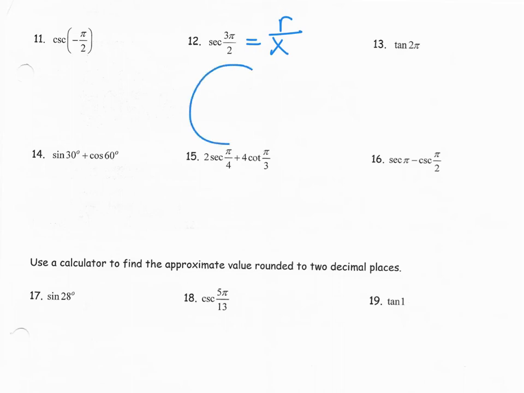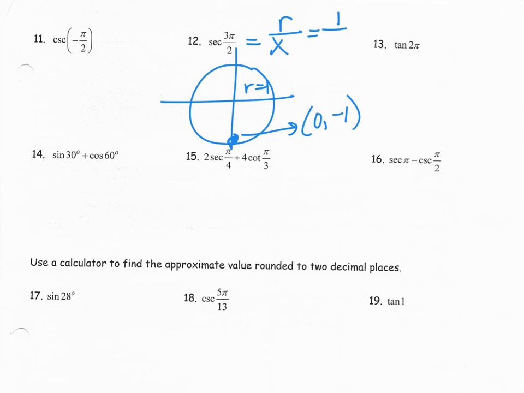So 3 pi over 2 would be right here, and again, in a radius 1 triangle, that coordinate would be 0, negative 1. So if I fill in the secant values, the radius is 1 and the x value is 0. Well, what happens here then is we say undefined, because you can't have 0 on the bottom. When we do graphing in a couple sections, that means there's going to be an asymptote there, and we'll talk about that later. So you try 11 and 13.